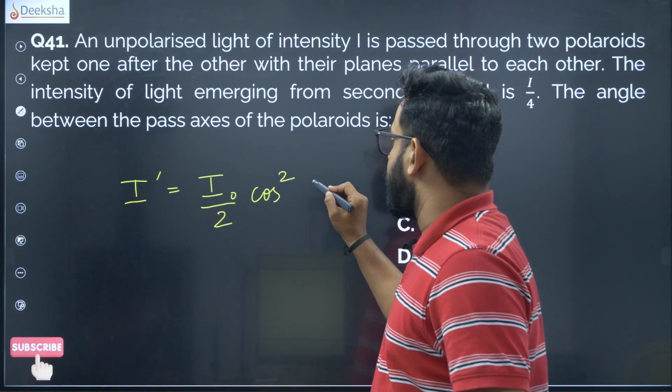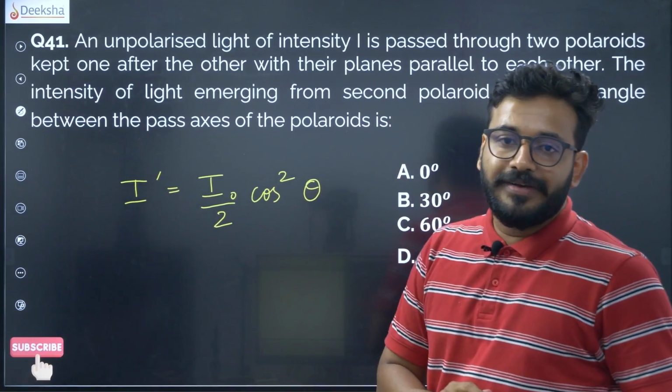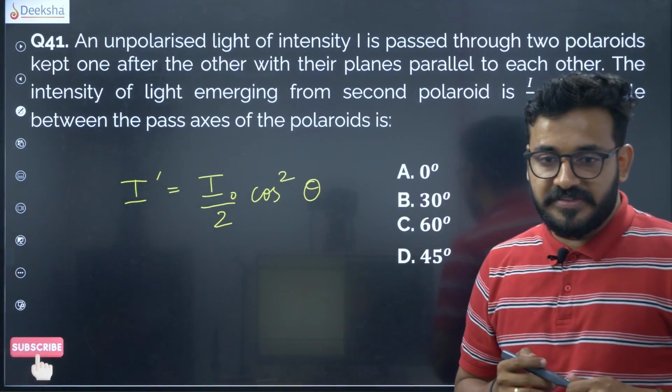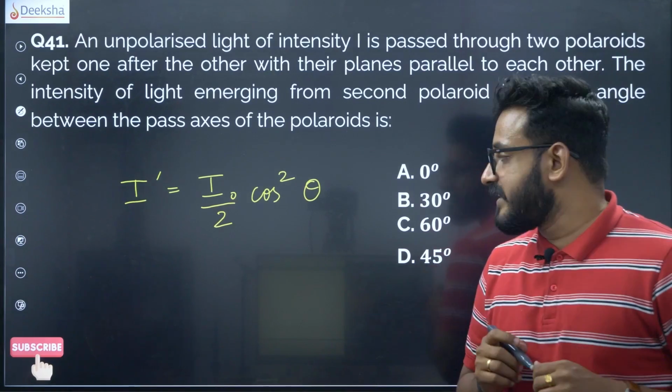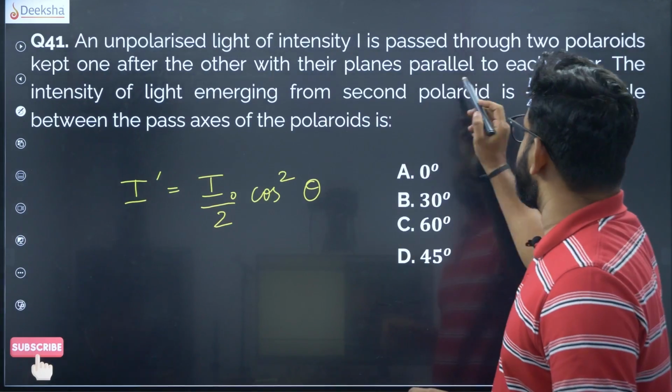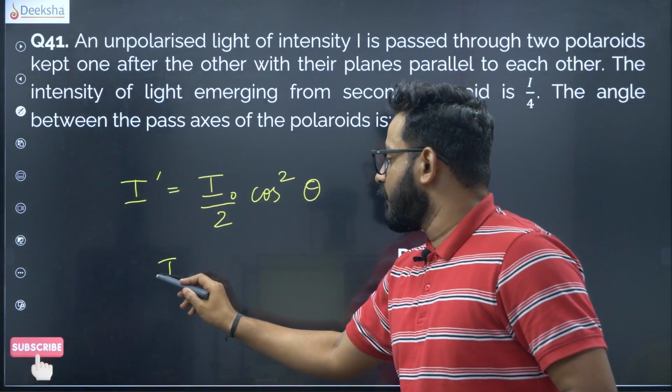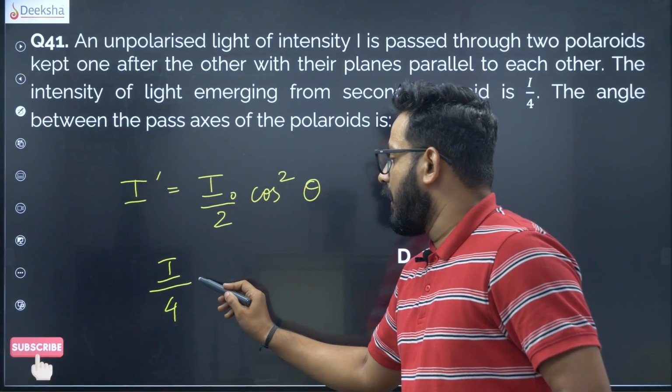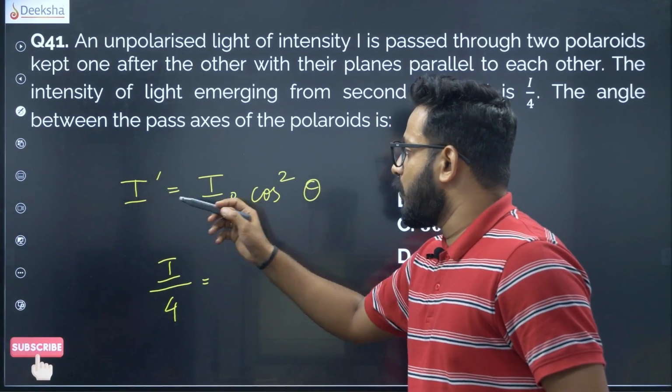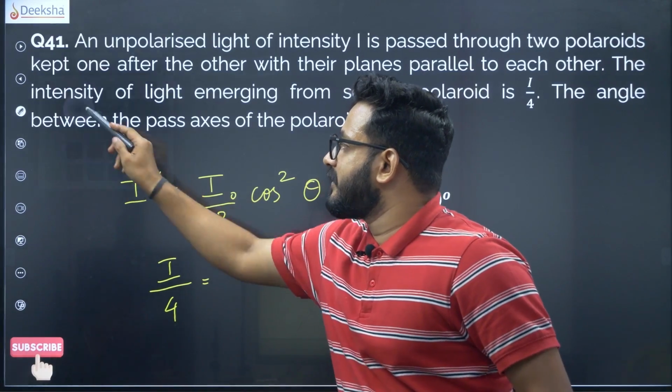cos square of whatever angle the analyzer is fixed at. So this final intensity is given as I by 4, and the initial is I by 2. I naught is just a general representative.